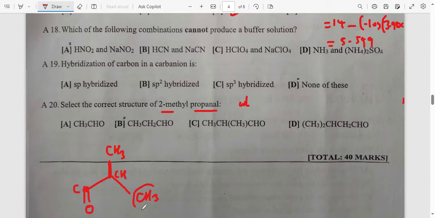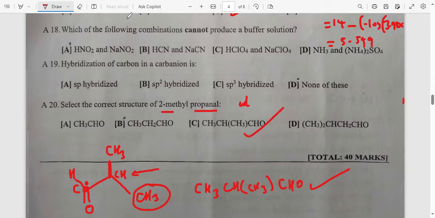So if I start from this side, I'll write this as CH3, and then I'll come here, I'll write it as a CH, and then this CH, look, it is bonded to CH3, so I'll write that CH3 in brackets. And then we have this carbon. This carbon here has one hydrogen, but it is also bonded to an oxygen. So I can see that to be the formula: CH3, CH, CH3, CHO. So that is this one. Okay.